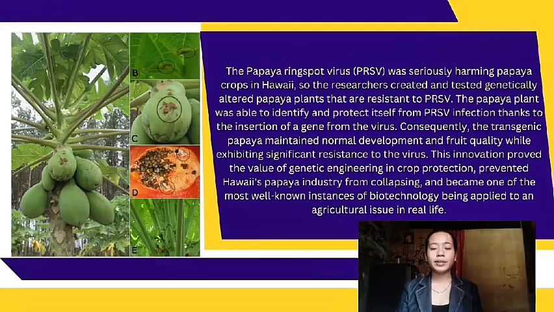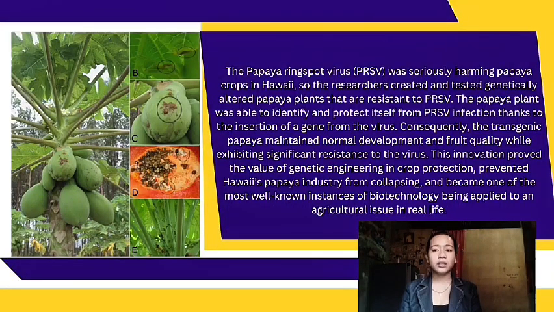The papaya ring spot virus, PRSV, was seriously harming papaya crops in Hawaii. So the researchers created and tested genetically altered papaya plants that are resistant to PRSV. The papaya plant was able to identify and protect itself from PRSV infection, thanks to the insertion of a gene from the virus.